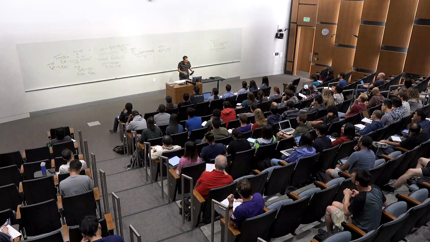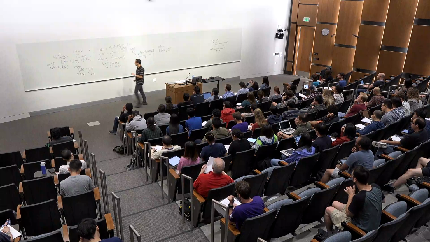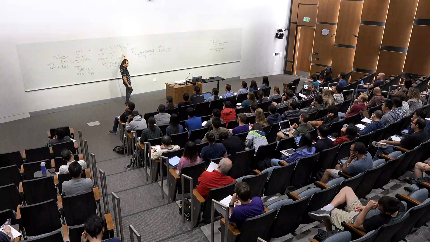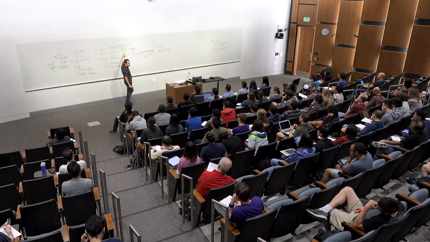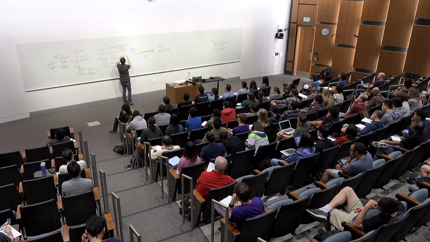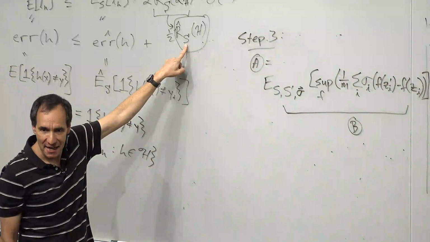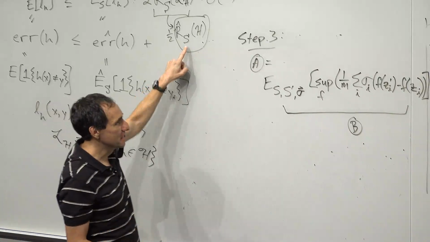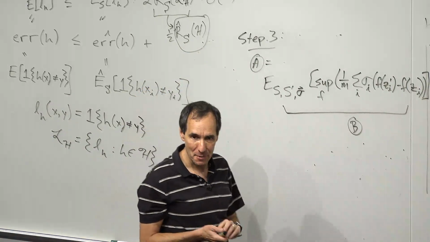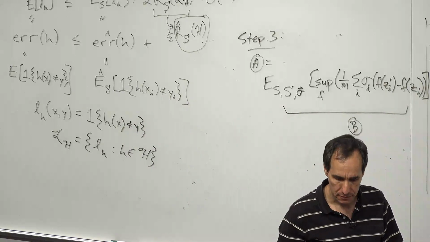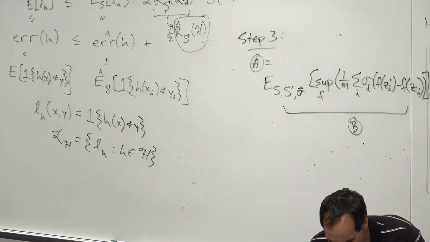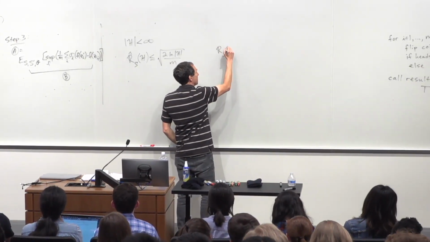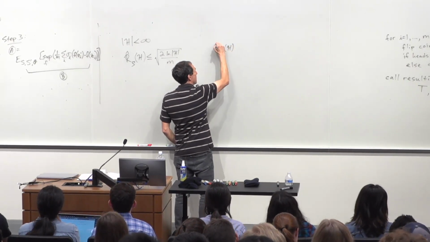Okay, so one of the beautiful things about this kind of theorem that we proved is that it's in terms of this empirical Rademacher complexity. It's in terms of Rademacher complexity computed on exactly the sample that we received for training. Exactly that same sample, and it doesn't matter what's happening on the rest of the space. So let me write out again what that definition is so we can look at it.